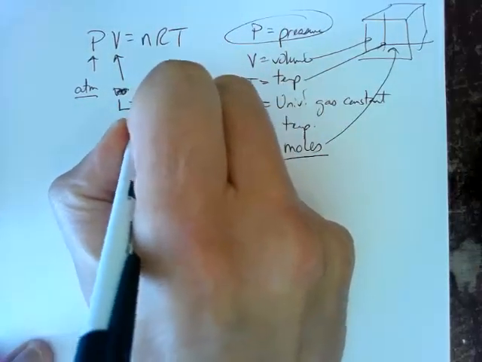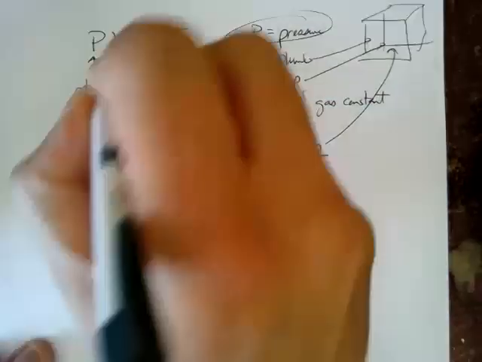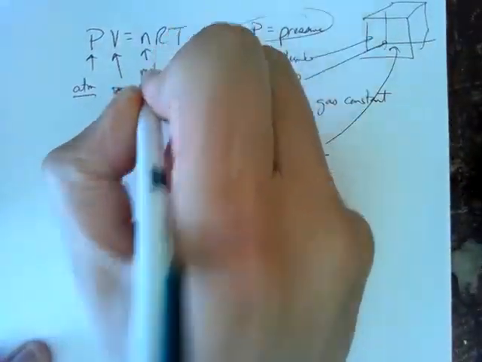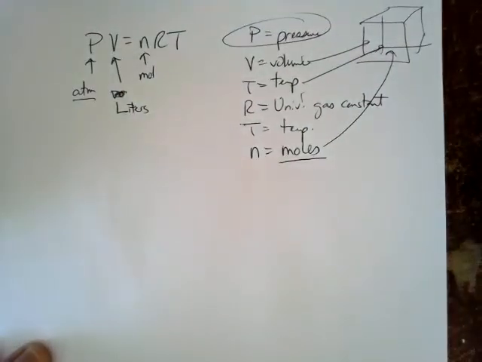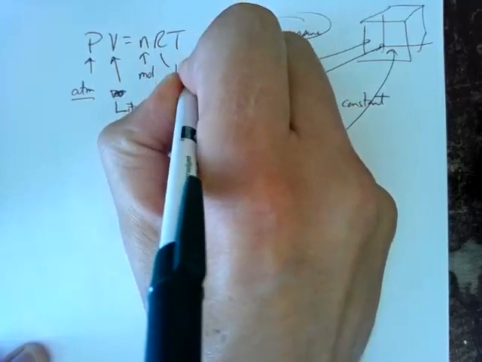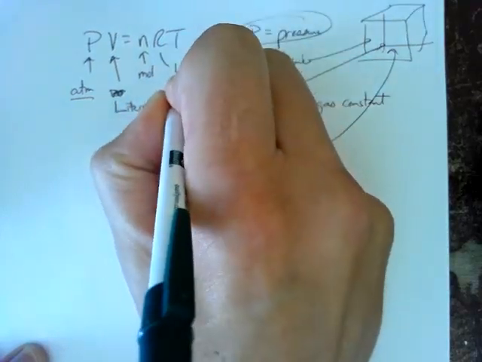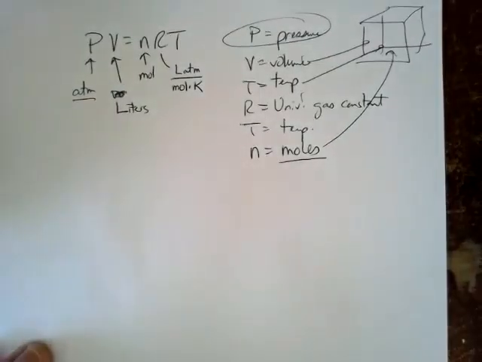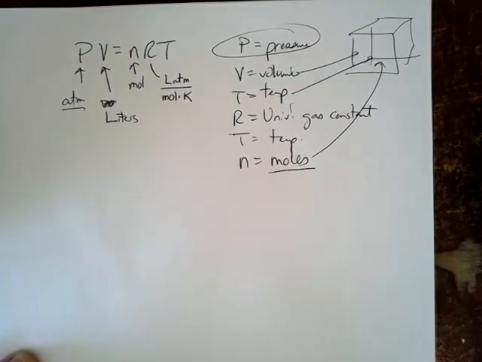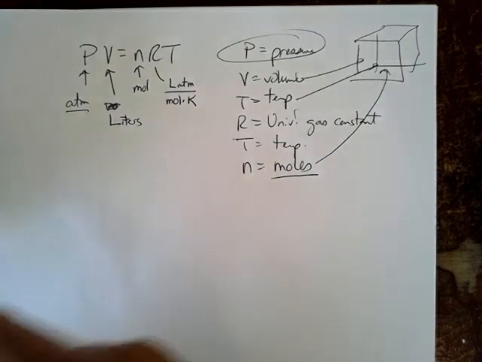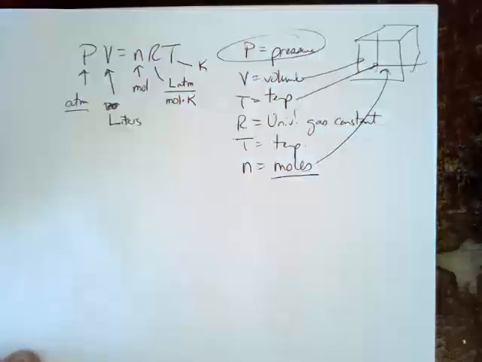So L is the abbreviation for liters. n is just written in terms of moles, so we often just use the abbreviation mol. R is a collection of units, and here we have liters times atmospheres divided by moles times Kelvin, and temperature is in Kelvin.